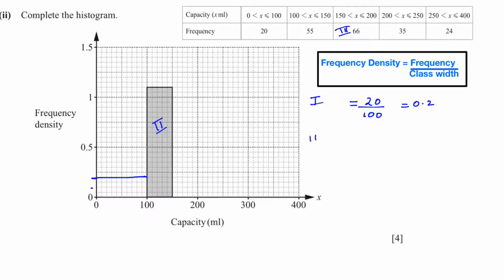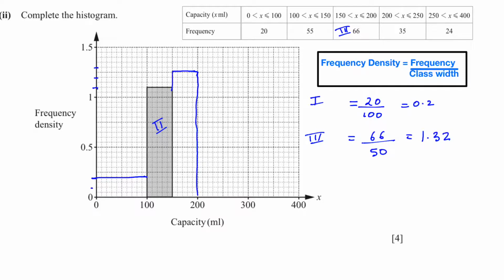To find the third one, frequency is 66 and 200 minus 150 is 50. This is 1.32. 1.1, 1.2, 1.3, and a little above it. We can make this here from 150 till 250. The third bar is done.